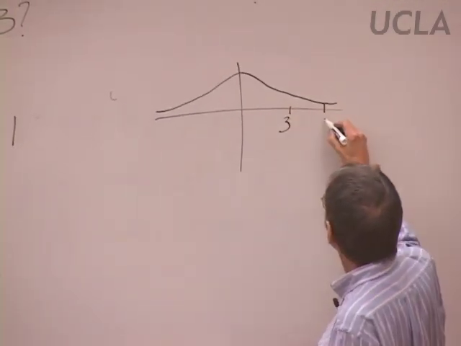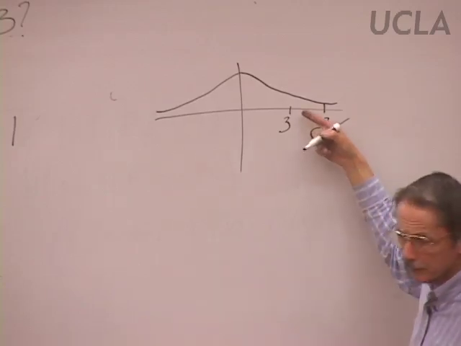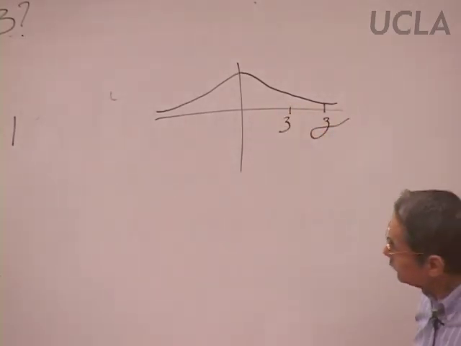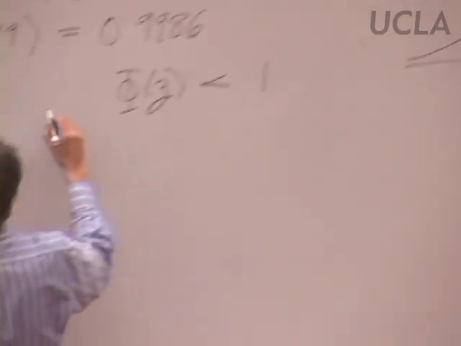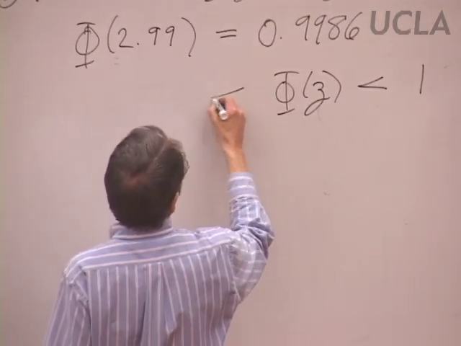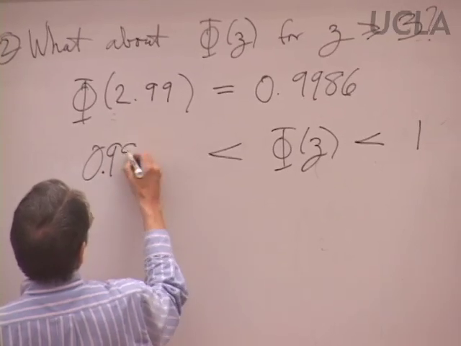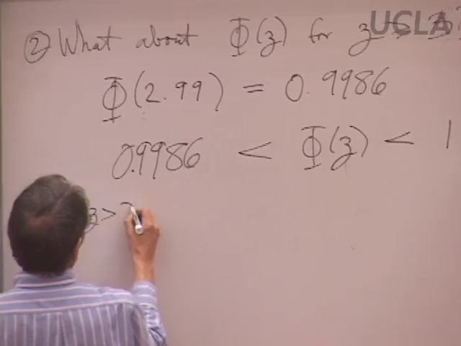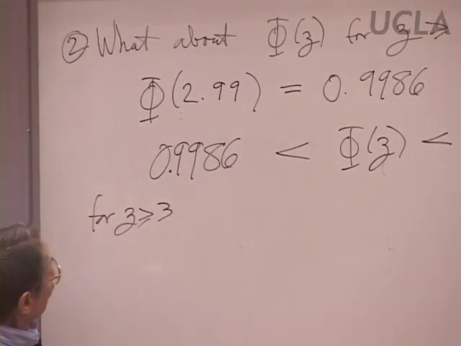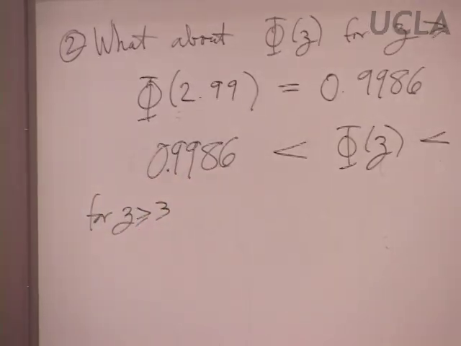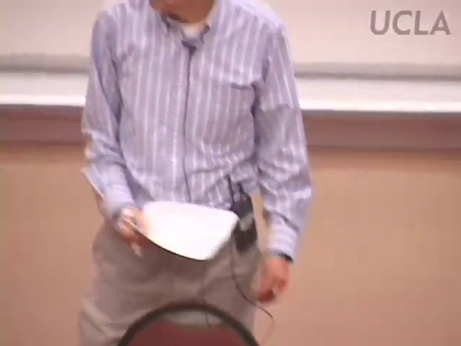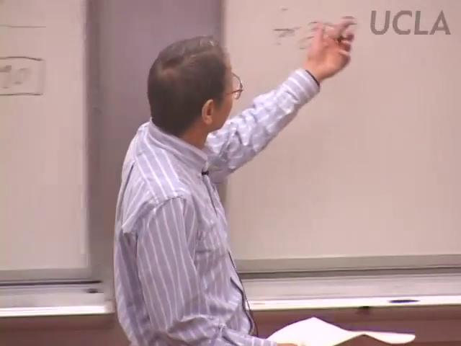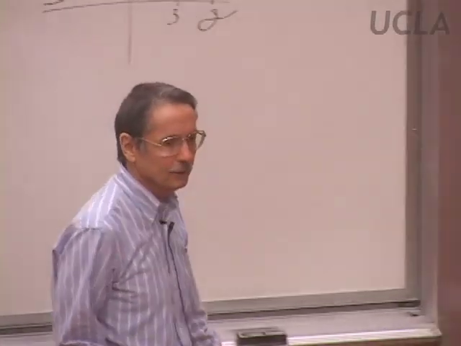Our table only goes up to 3. What if we have some big number? Well, we can at least say it's between 0.9986 and 1. There's not a lot of room between those two numbers, 0.0014.